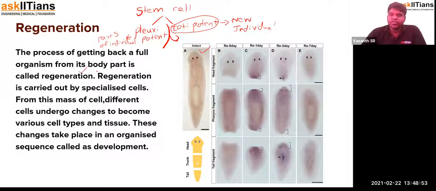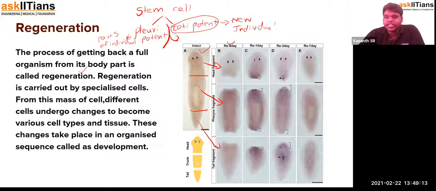When it comes to a planaria, we are cutting the planaria over here and over here, so we have three parts. This is the head fragment, this is the pharynx fragment, and this here is the tail fragment. After giving them some time, you can see this is day 0, the part we have left.